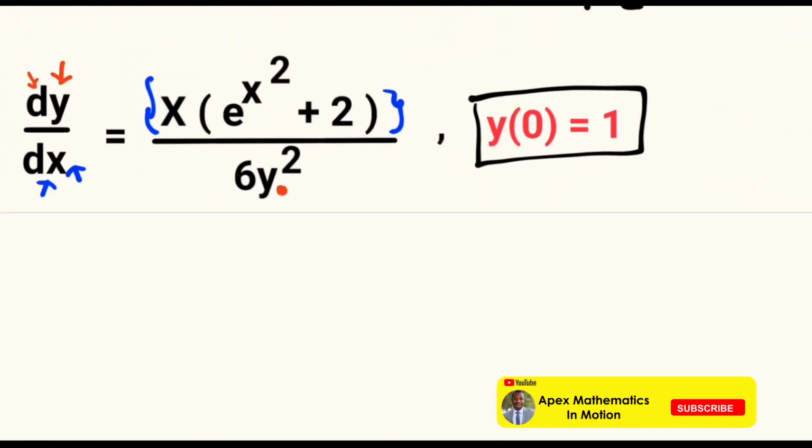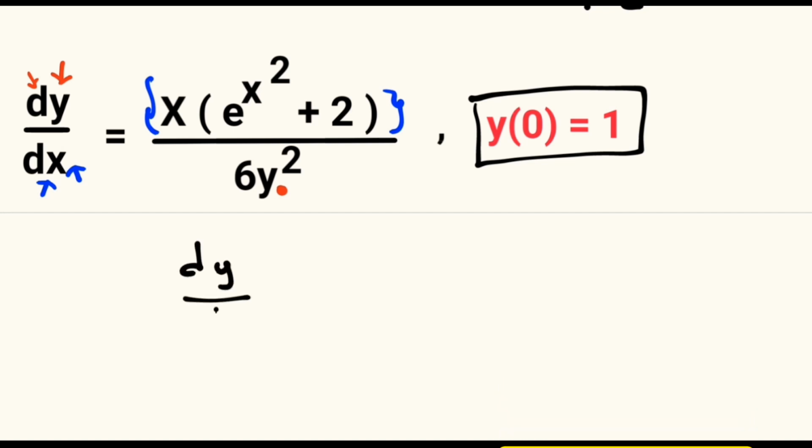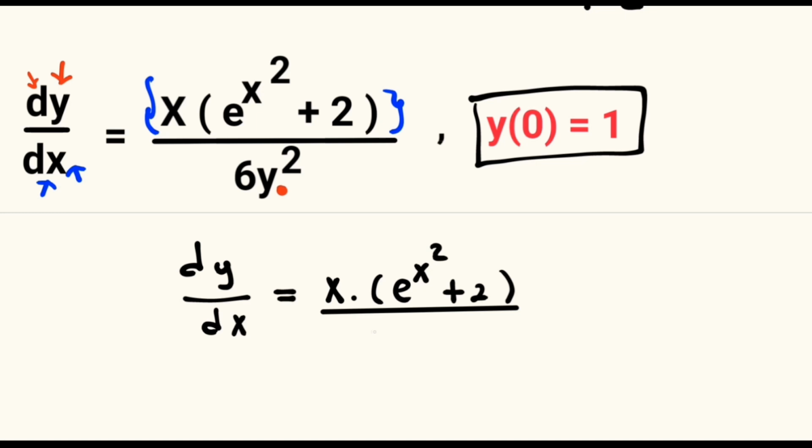So we have dy divided by dx, which is equal to x into e raised to the power x squared plus 2, and this is divided by 6y squared.